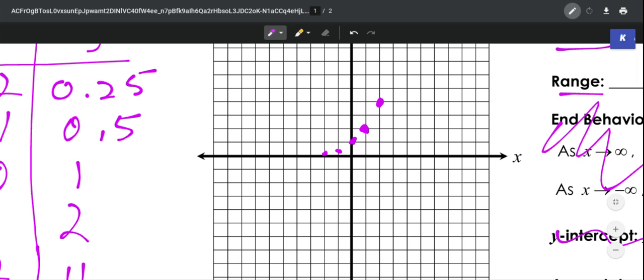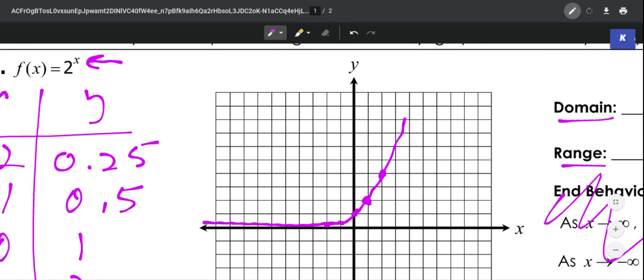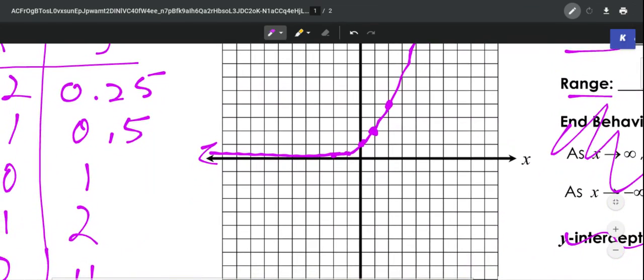Now, these always will go in a curved shape, but just make sure your left side should go in a straight line almost along the x-axis, but it won't ever cross the x-axis, and then it'll curve up like this. So that's what an exponential function looks like.